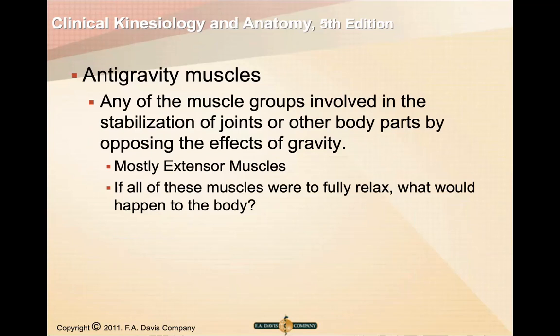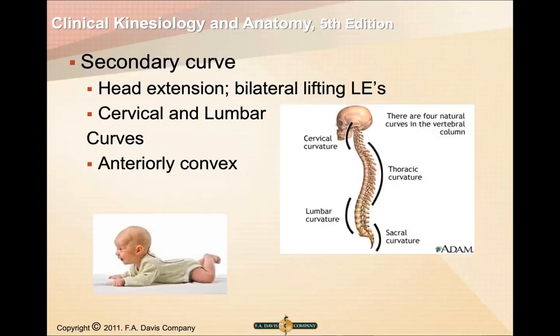At the same time we're developing our more mature alignment of the spine, we're also getting certain muscles strengthened. If you remember the slide with the picture of the baby, everything I said he was doing to change the shape of his spine is because he's in prone and he's working his extensors.